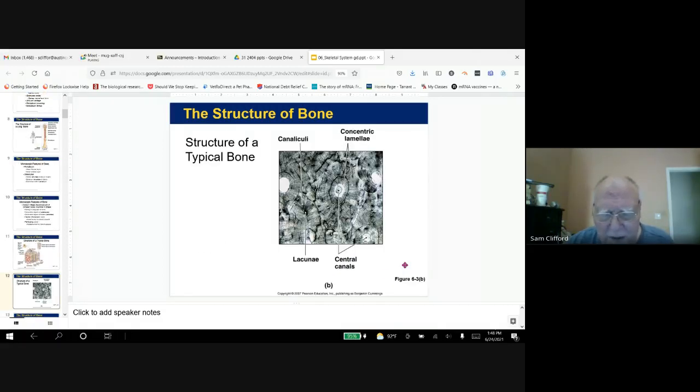If you look at a microscopic slide where a very thin layer of bone is polished to a very thin layer, you can see an osteon. So here's an osteon. Those are formed by the osteoblasts and are maintained by the osteocytes. All these small lines are called canaliculi.